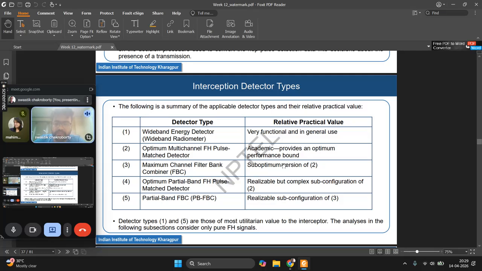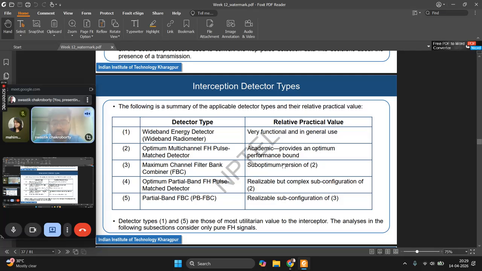And another is the partial band filter bank combiner, which is suboptimal as well as a sub-configuration. Sub-configuration means it only covers some of the hop frequencies, and suboptimal means it does not give as good a performance as 2. So PBFBC is both suboptimal and a subset, but still it is realizable.